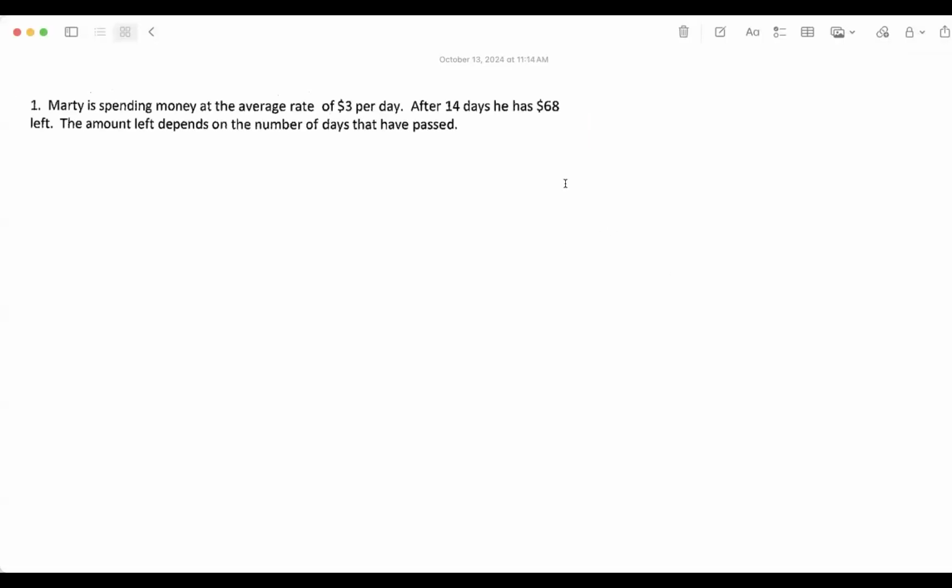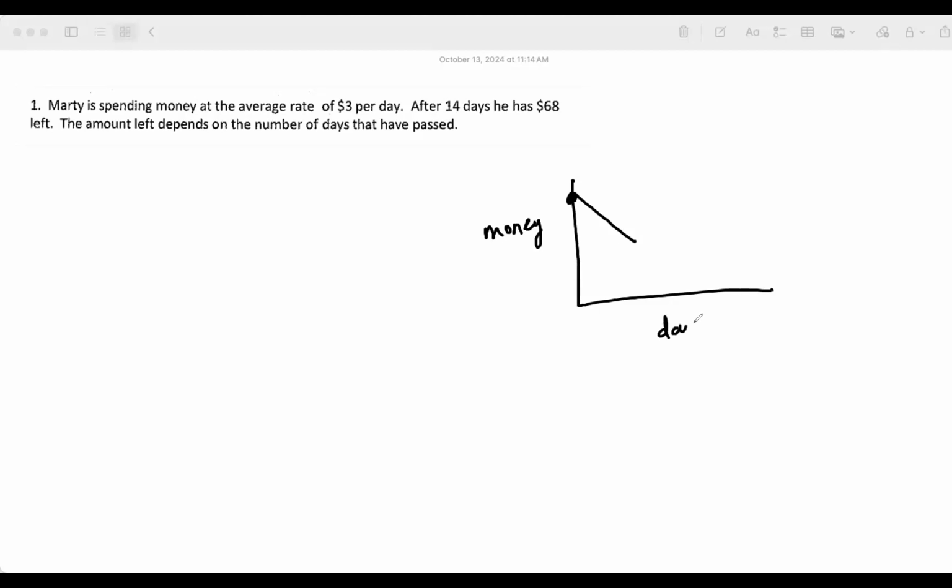How about this? Marty is spending money. So money is declining. So let's write out what are the x and y values. Marty is spending money. So some money she had. She goes on spending money. It goes on becoming less. Money on this side, days on this side. So x value is your day, y value is the money.